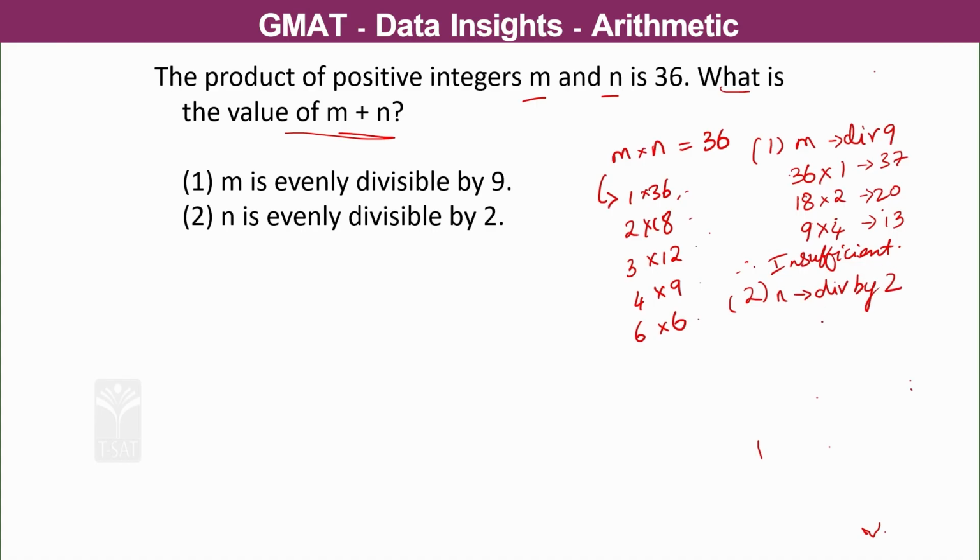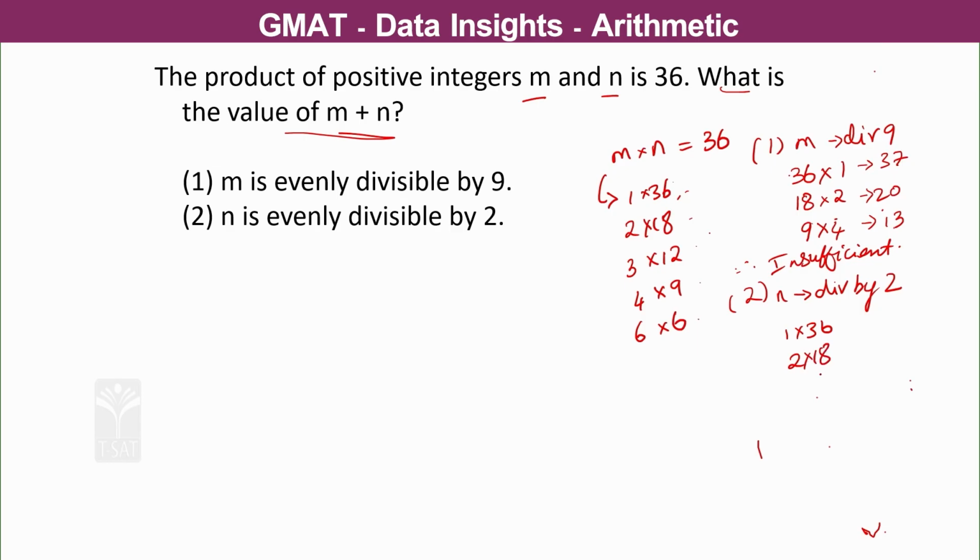So what options are there? n can be 36, of course it can be. So you can have m into n as 1 into 36. Can n be 18 or 2? It can obviously be 18 or 2. So 2 into 18 works, n is divisible by 2.